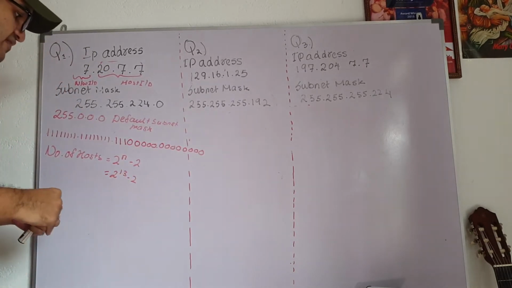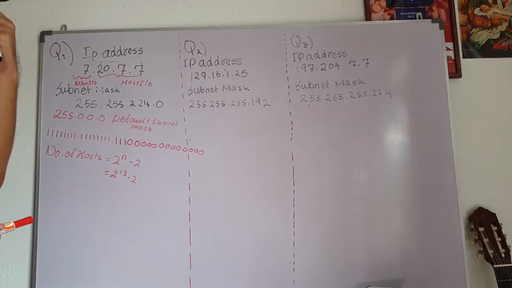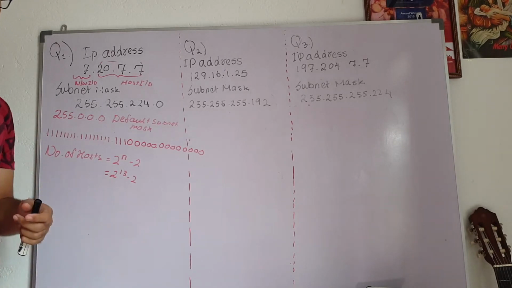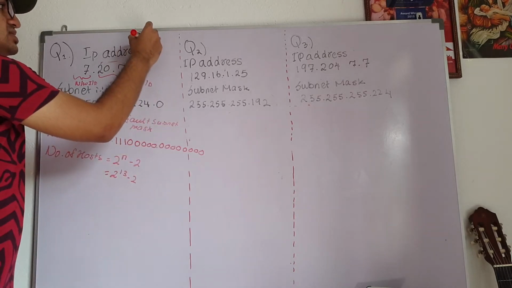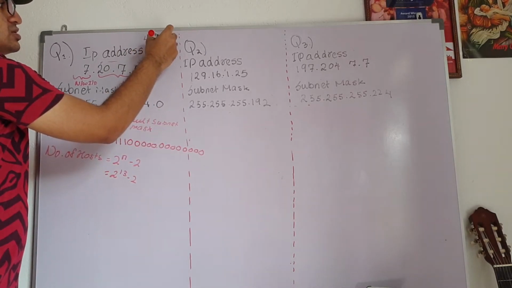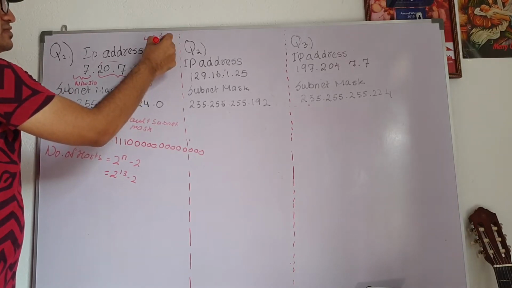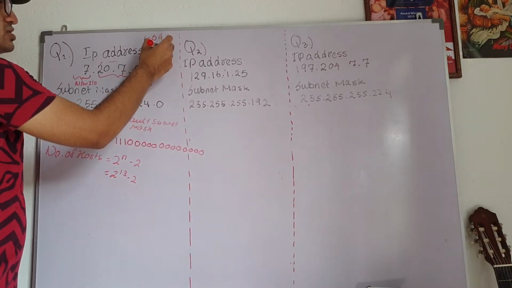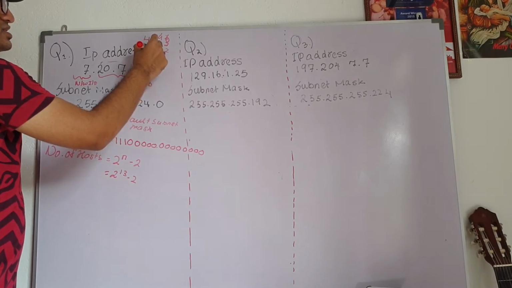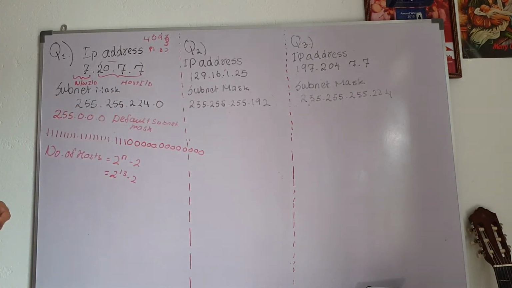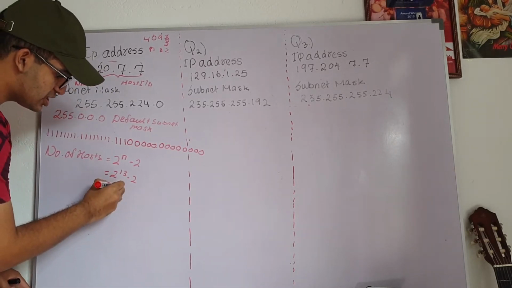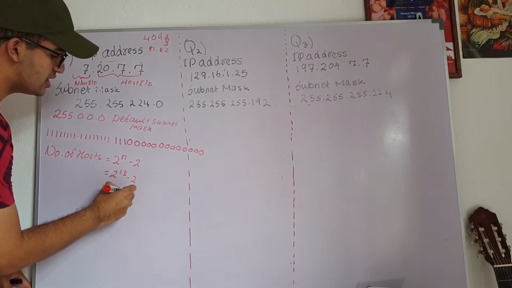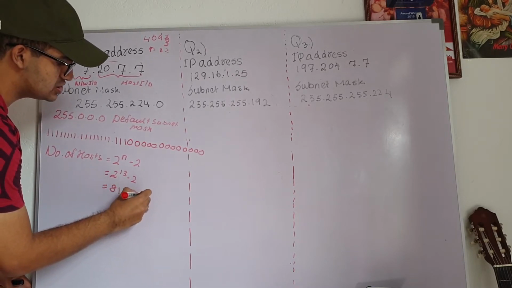If 2 to the power 10 is 1024, 2 to the power 11 is 2048, and 2 to the power 12 is 4096, then 4096 times 2 is 8192. Minus 2 is 8190.